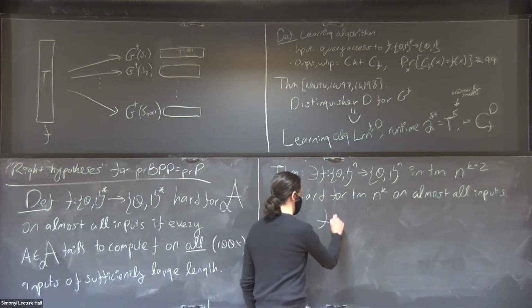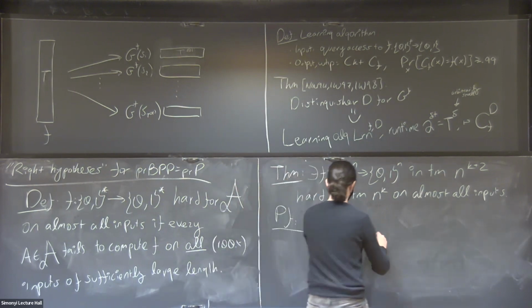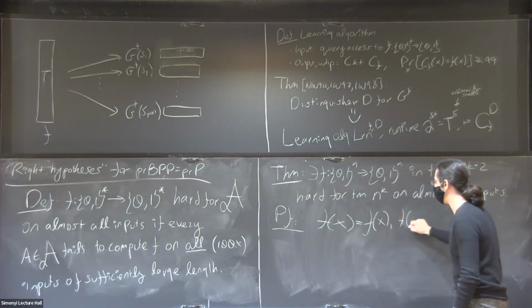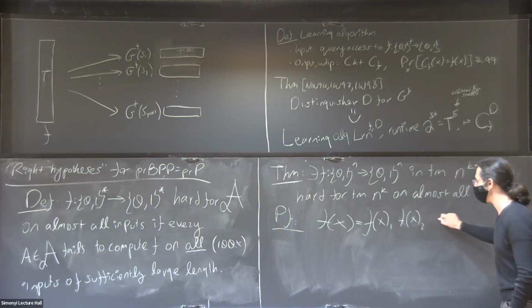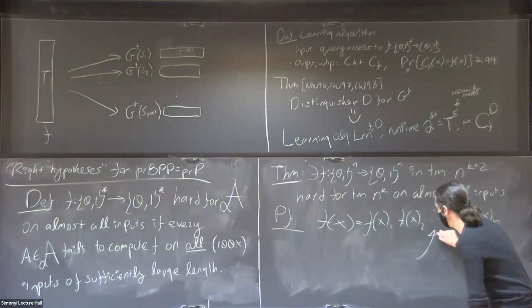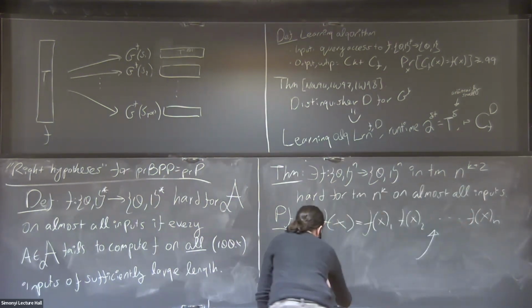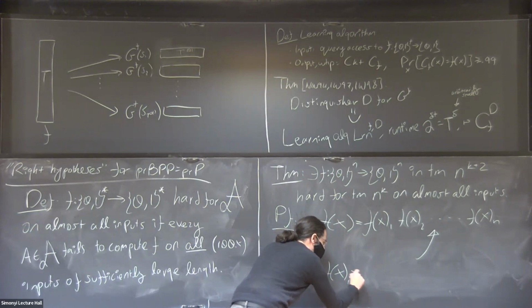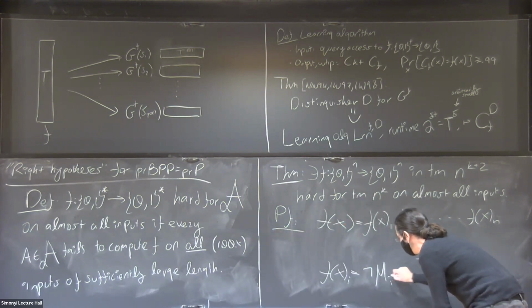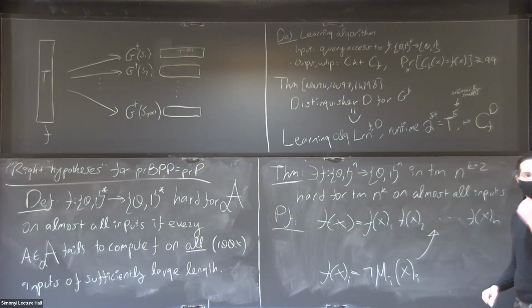Here is f of x, I'm just defining it now. So it has multiple output bits, right? f of x, the first output bit, f of x, the second output bit, f of x, the nth output. And the ith output bit of f of x is not m_i(x_i). What do we mean by that? Look at the ith bit.